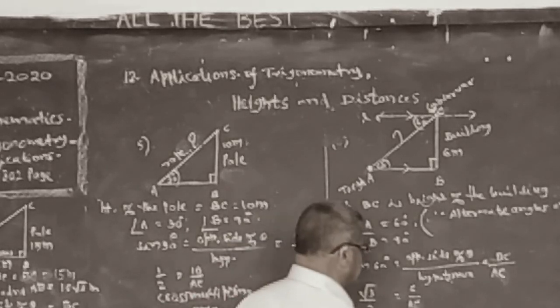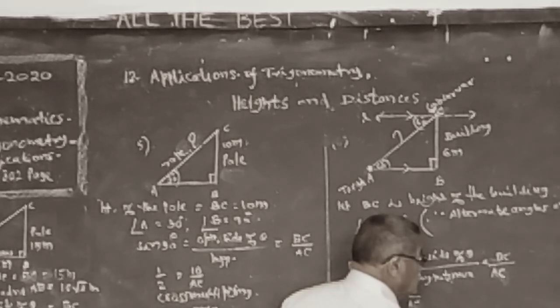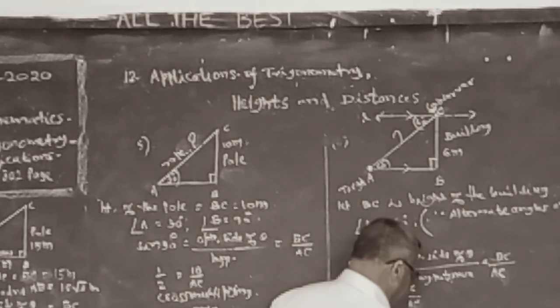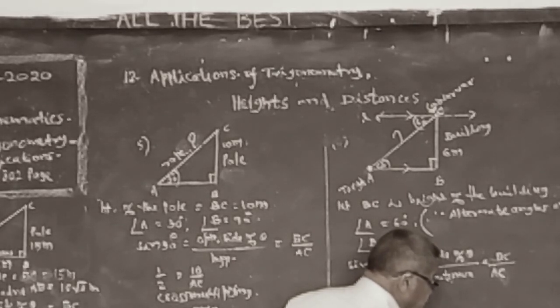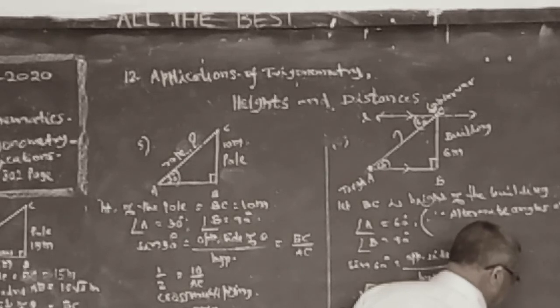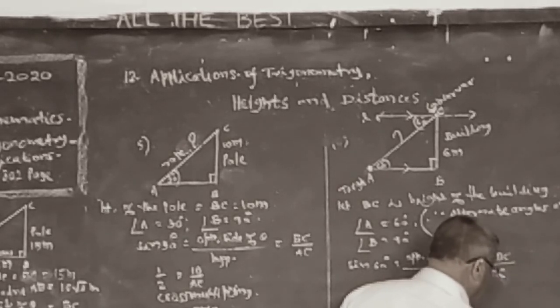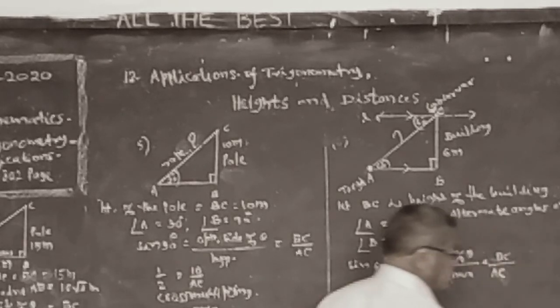So we can rationalize this. 12 by root 3 multiplied on both numerator and denominator by root 3 gives 12 root 3 by 3. 3 ones are 3, 3 fours are 12, so 4 root 3. 4 into 1.732 is about 6.9 meters.